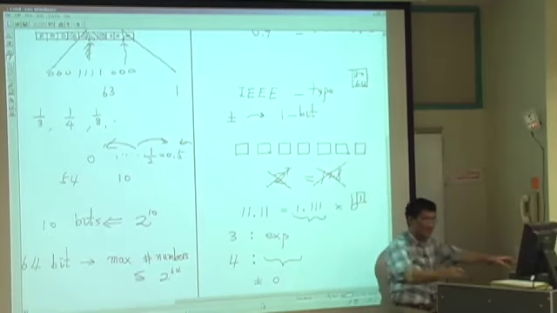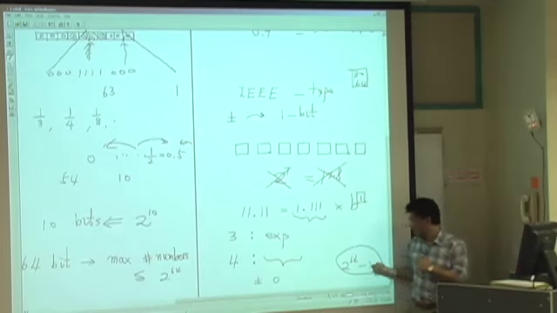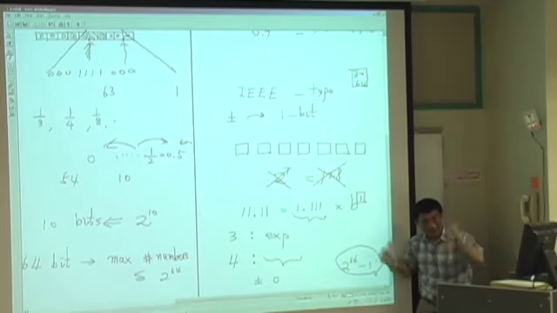So in this sense, the maximum number that we can represent using the IEEE design is in fact this many numbers, right? Because 0, plus 0, and minus 0 have different patterns, even though they are the same numbers.